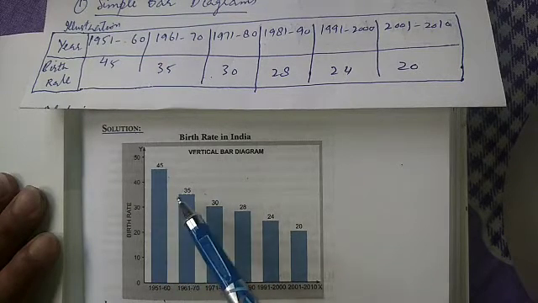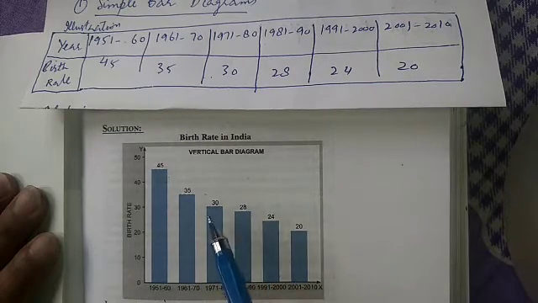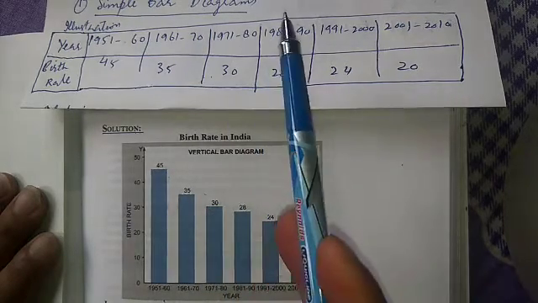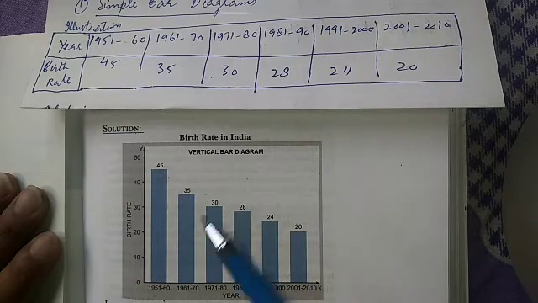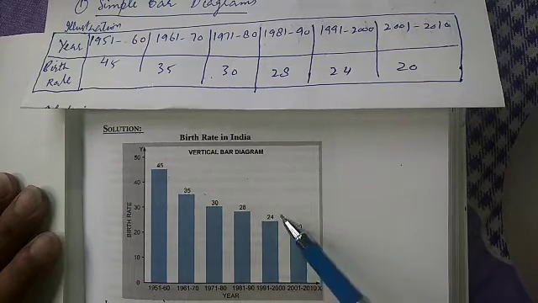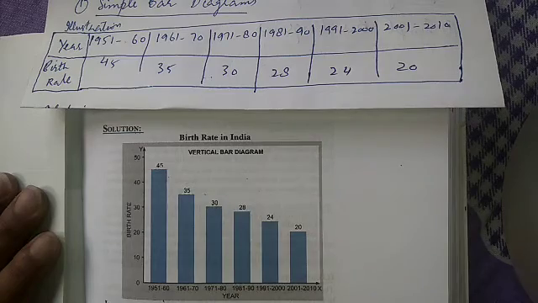Between 30 and 40, that will be called 35, right? And from 1971 to 80 it's 30. Here 1991 to 2000 it's 24, right? And from 2001 to 2010 it's 20. So this is the vertical bar diagram, right?